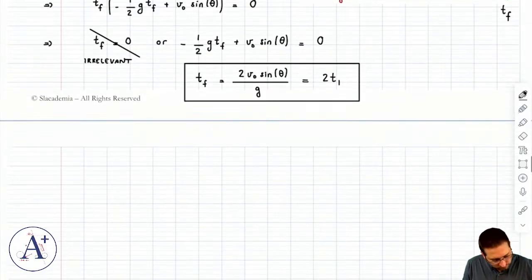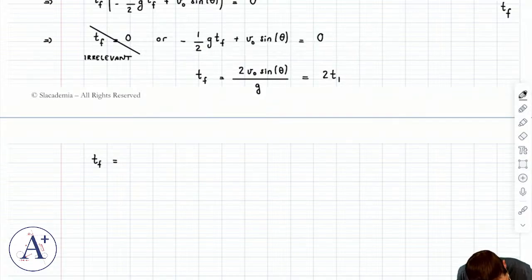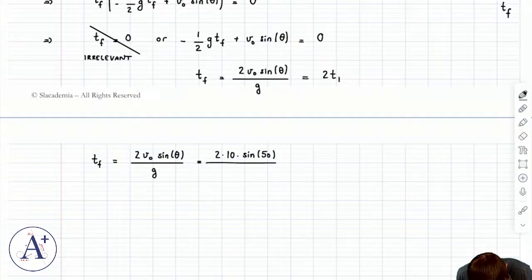Anyway, with that said, T final, I'll just box this version of it. T final is 2 V0 sine theta over G. That's 2 times 10 times sine of 50 divided by 9.8.